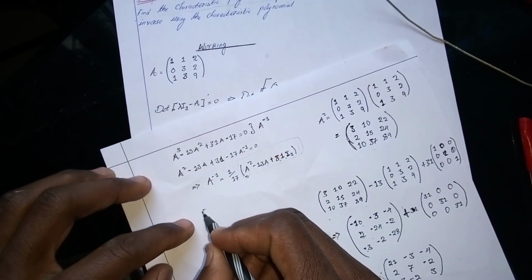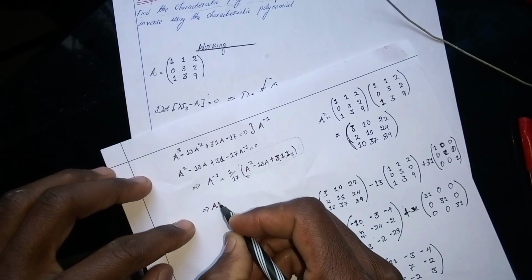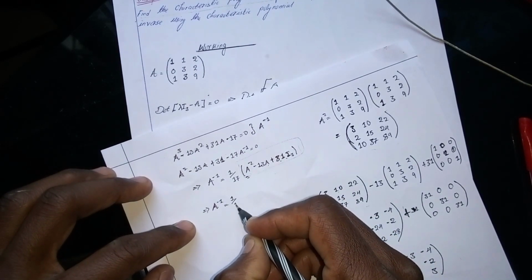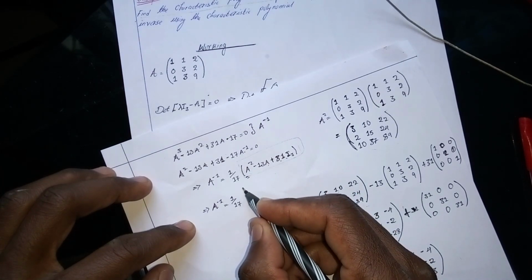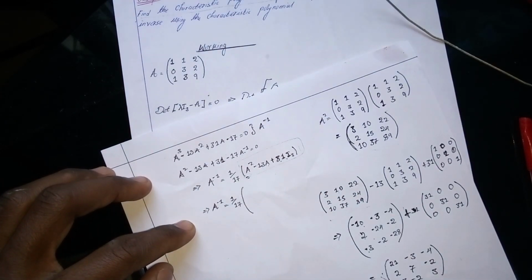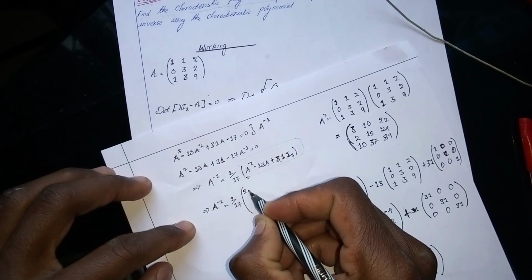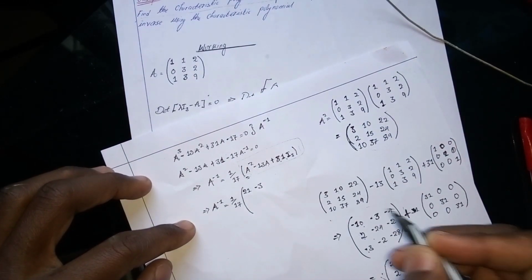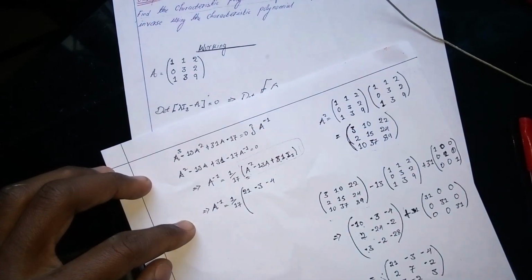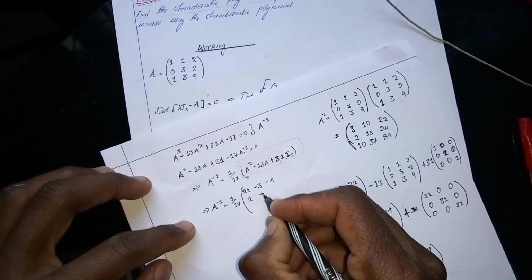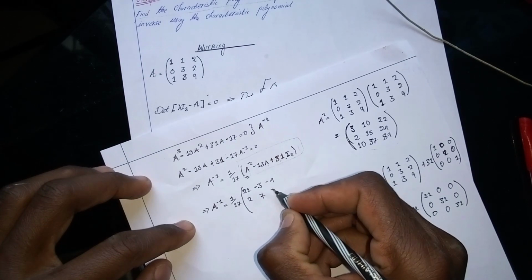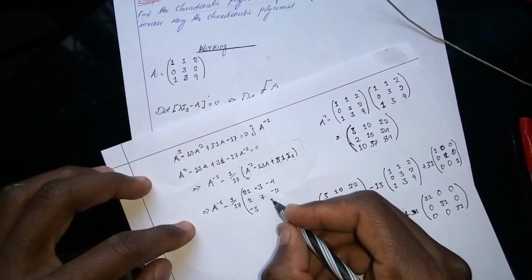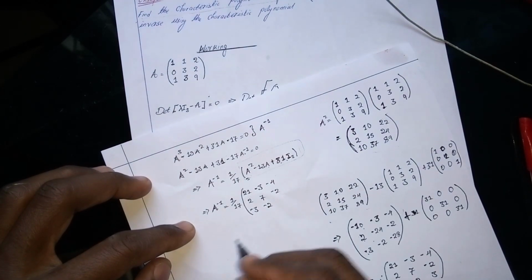So our A inverse is equal to 1 over 17 multiplied by the matrix: 21, negative 3, negative 4, 2, 7, negative 2, negative 3, negative 2, and 3.